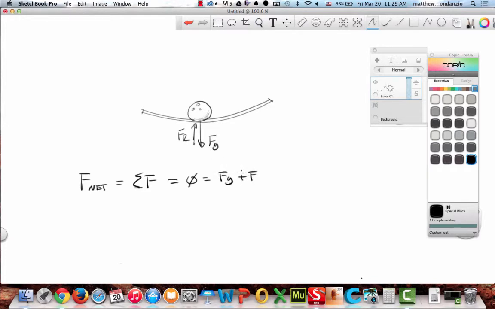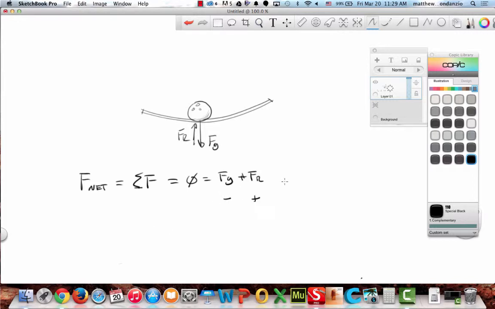Fg plus F of the ruler, right? Now, Fg happens to be in what direction? Negative. And Fr happens to be what? Up. So it's negative and positive, and they are the same value. They have to be the same value in order to equal 0.